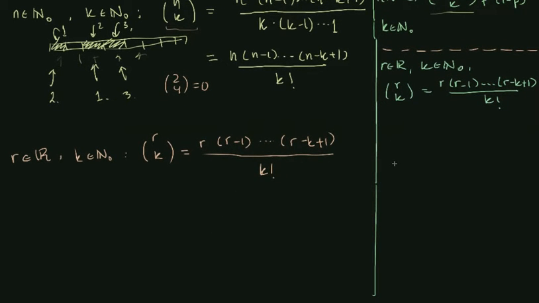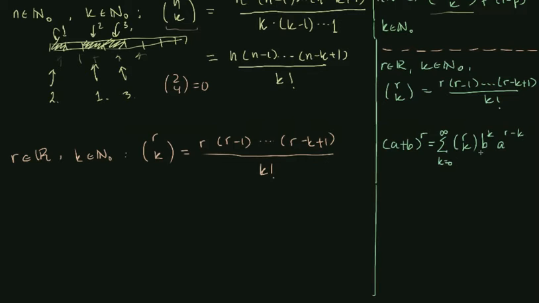So the general binomial theorem states that if I want to consider a plus b to some power r, then that is the same as the sum for k going from 0 to infinity of r choose k multiplied by b to the k multiplied by a to the r minus k. Now normally this holds just for natural numbers r, like r has to be 1, 2, 3, 4, 5, 6.